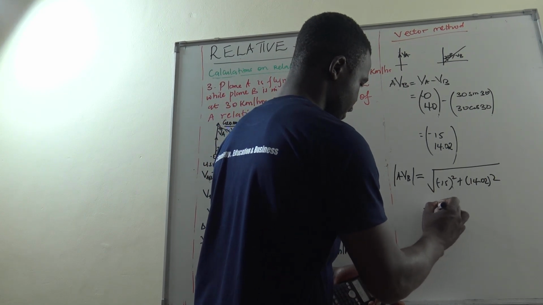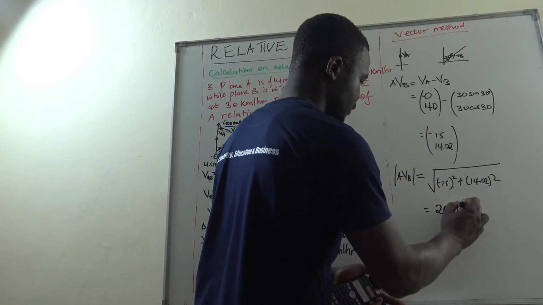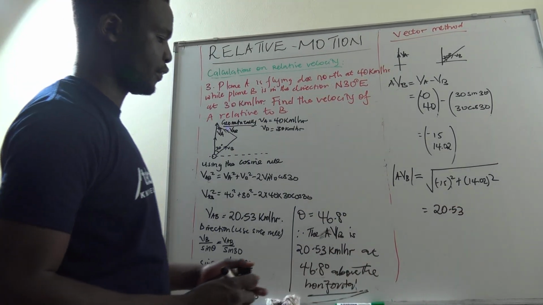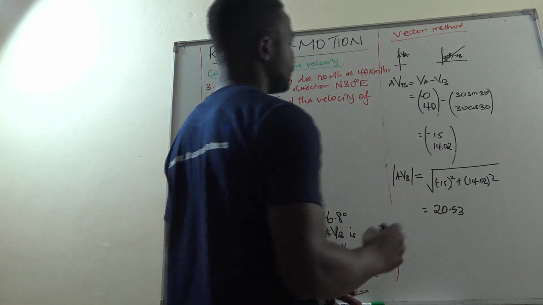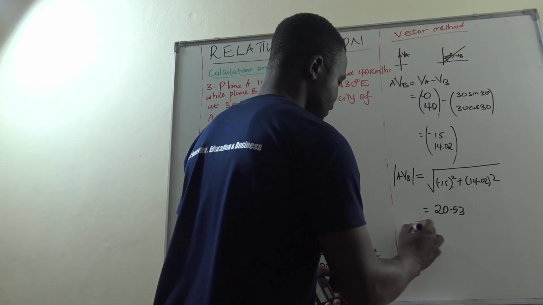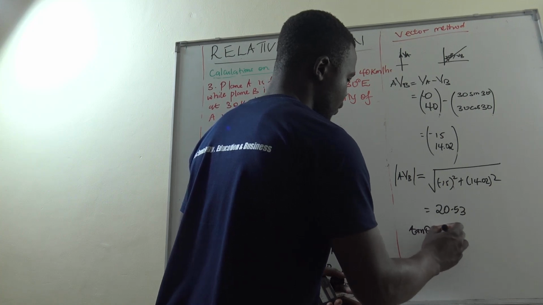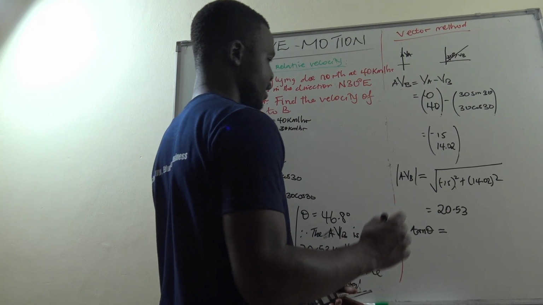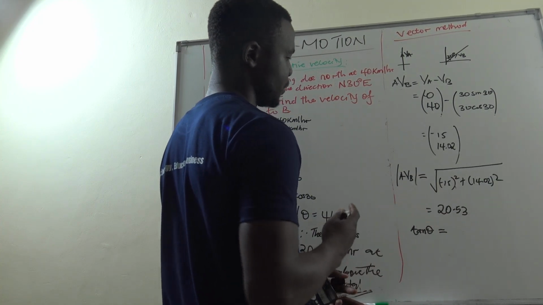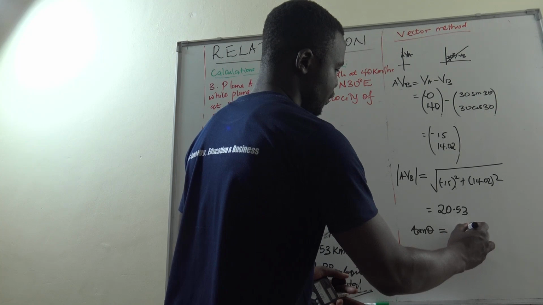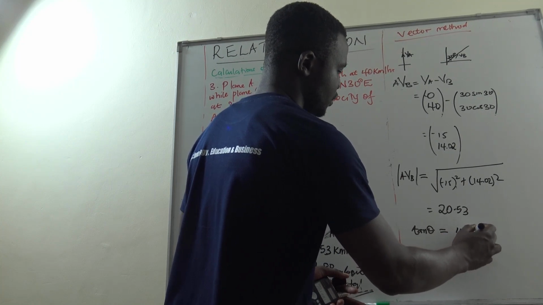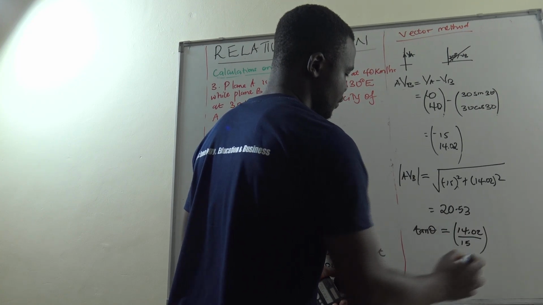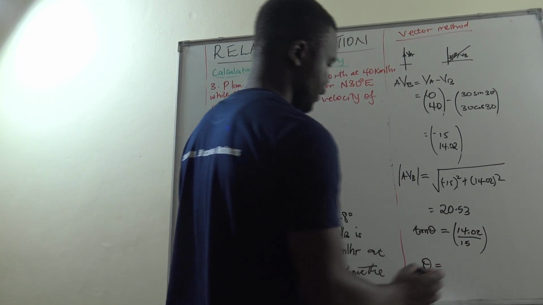When using vector calculus, we get our angle from tan. So this is 14.02 divided by 15, and we get the value of theta.